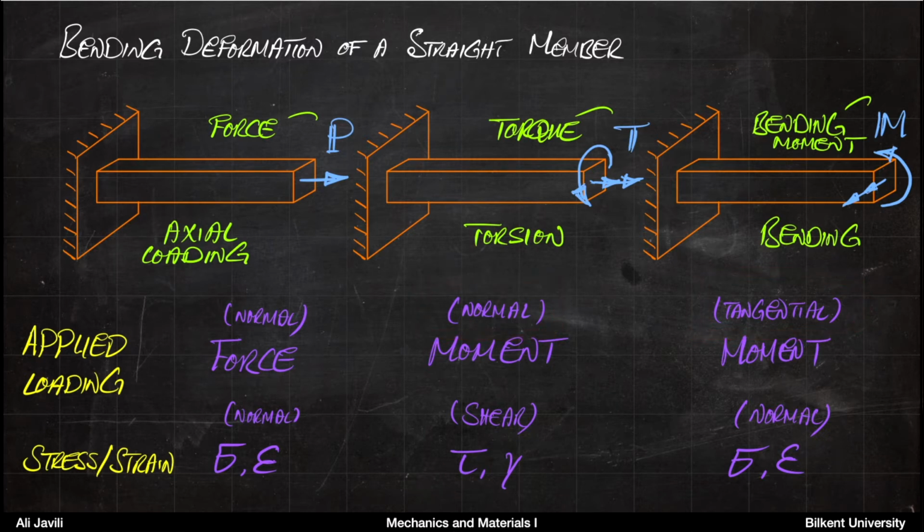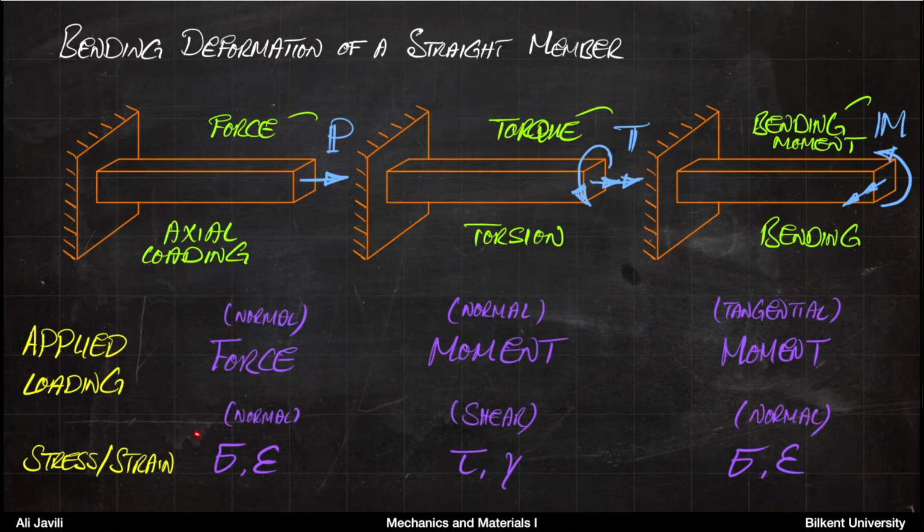So the type of loading that you apply is not a force, which makes it different from the axial loading, but the type of stress and strains that are developed in this bending problem inside the member are normal stress and normal strain.